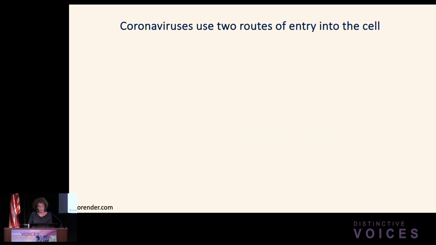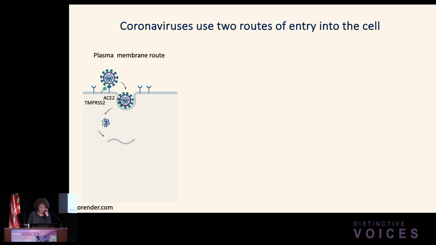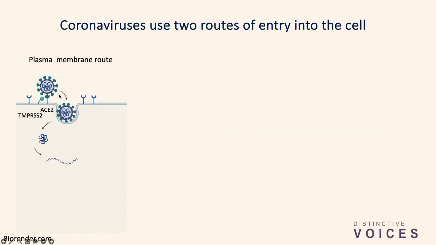This is probably the most technically difficult to explain, but coronaviruses use two routes of entry into the cell. One is called the plasma membrane route, and by this route, the virus's spike protein attaches to the ACE2 receptor on the surface of a cell, and then the spike protein is cleaved by a protease, a protein that cuts proteins, and it cleaves the virus at the S2 site.